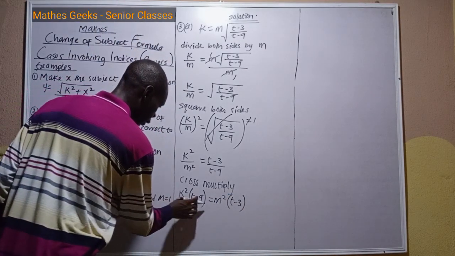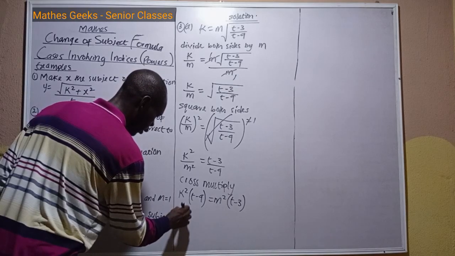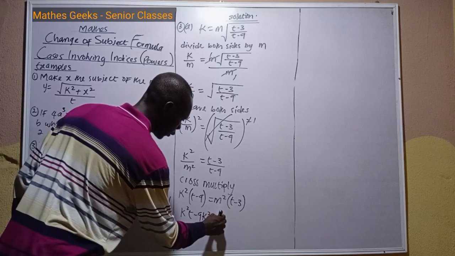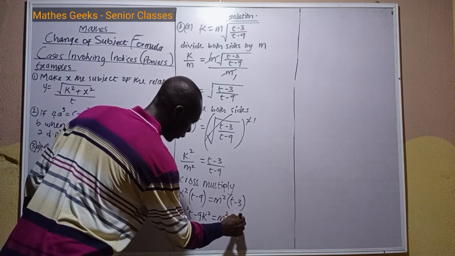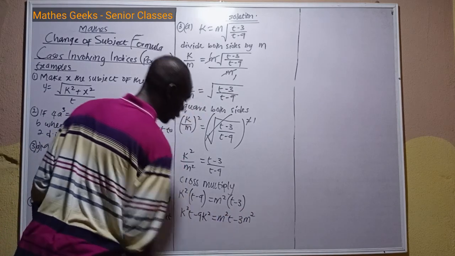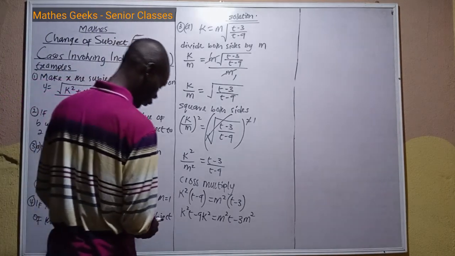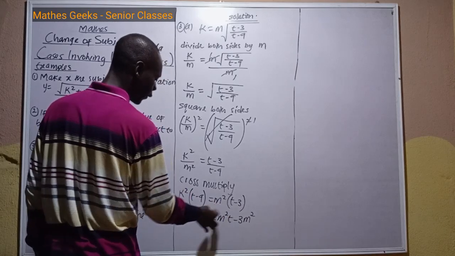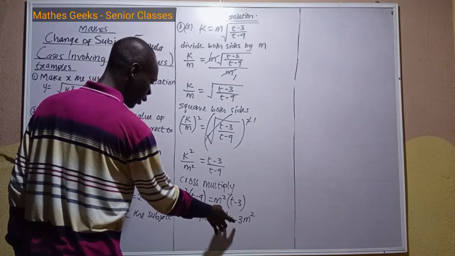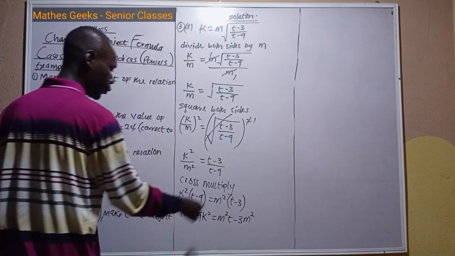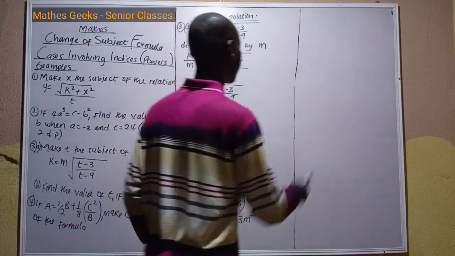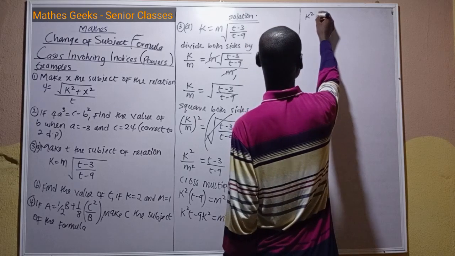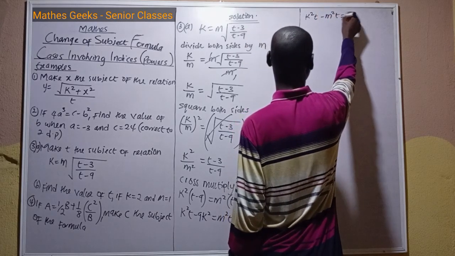So t minus 9 times k squared equals t minus 3 times n squared. Now we expand: k squared t minus 9k squared equals n squared t minus 3n squared. Since we are going to make t the subject, we bring the terms that have t together. So this one has t and this one has t. This comes over, so it becomes k squared t minus n squared t.